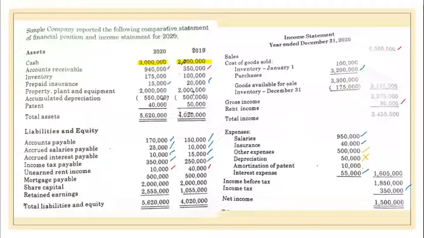Same with your amortization. Your depreciation and amortization should not appear in your statement of cash flows using the direct method because, again, these are non-cash transactions or non-cash expenses.